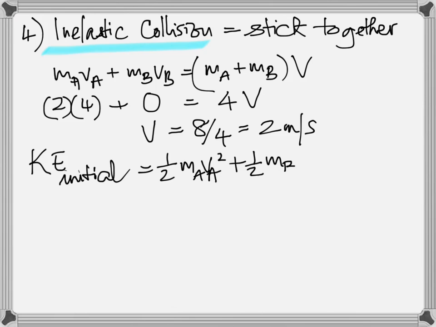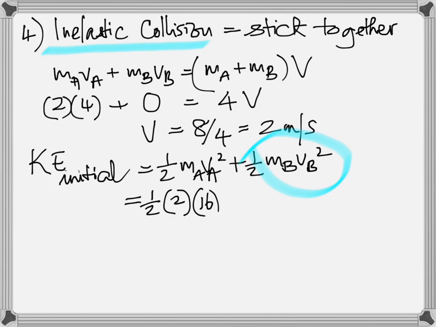You have to add the kinetic energy of both, don't you? But what's the kinetic energy of the second one? Nothing, because it was not moving. So that's going to be 0. You get this as 16 joules, don't you?